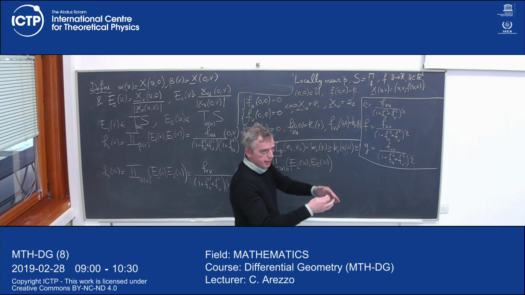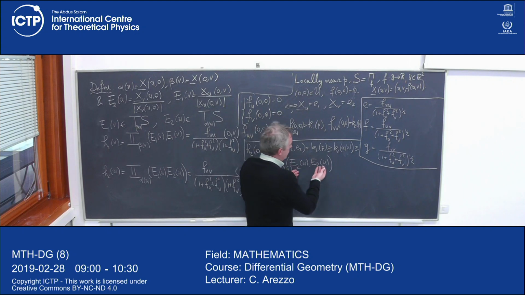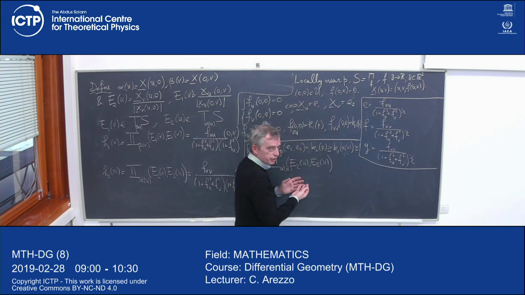I could fix them at the point 0, but I cannot say anything nearby. So really I know nothing about this. But I can say that this has to be less than or equal to the biggest eigenvalue. And this is just because this has norm 1. Otherwise, I should say the biggest eigenvalue times the norm squared of the vector.